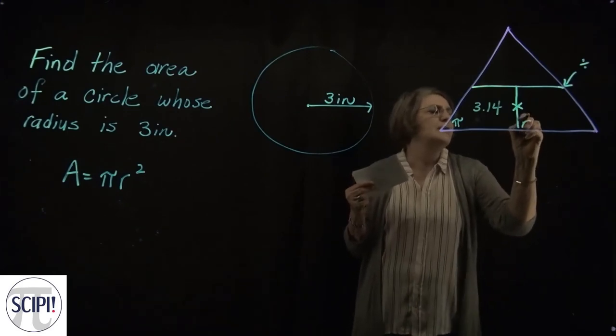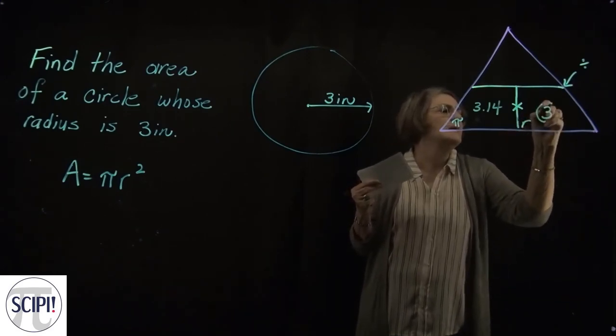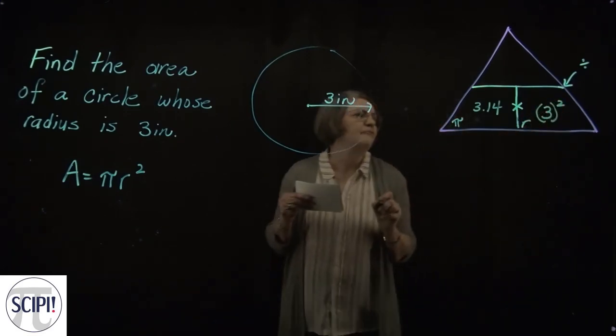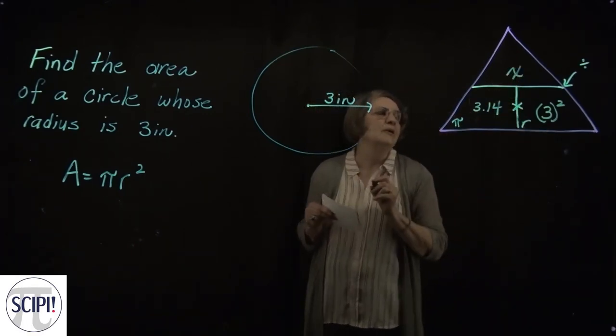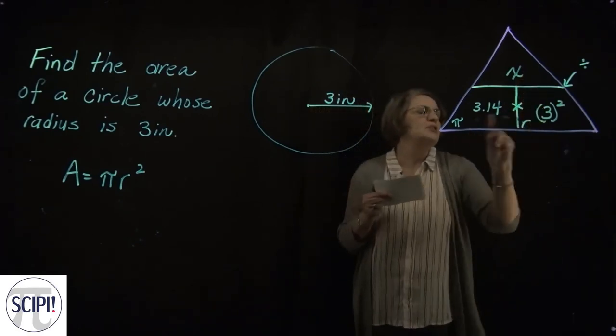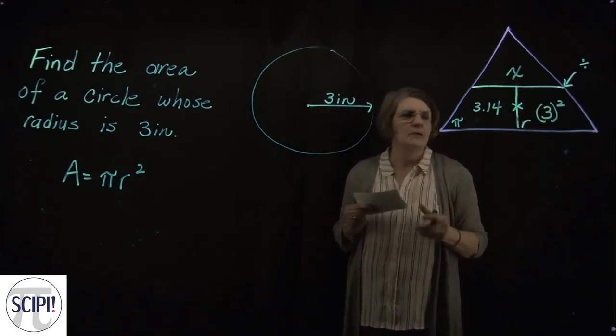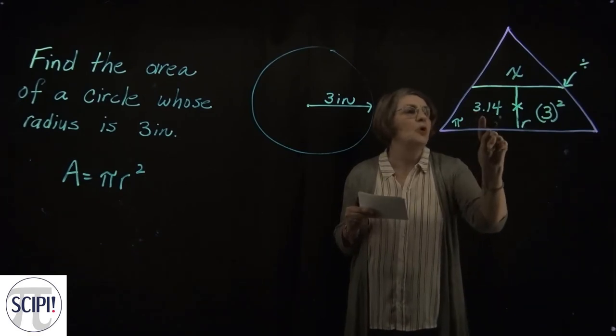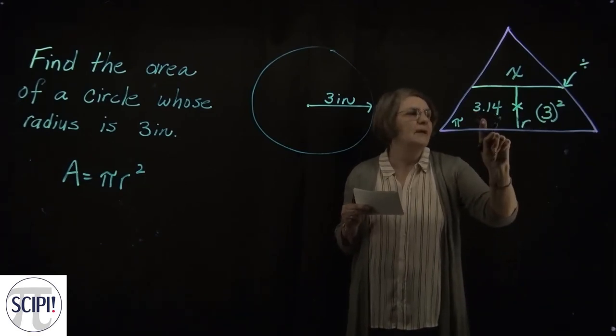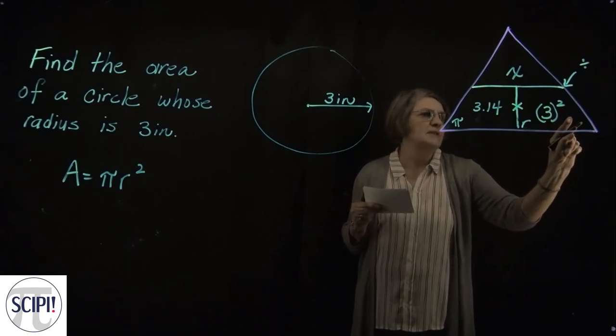Now watch, it's 3 squared. Remember before when we talked about exponents? So we have to find the area up here. Are we going to be dividing or multiplying? What do you think? Marcus? Exactly right. We're going to be multiplying because we have information in this box and information in this box.